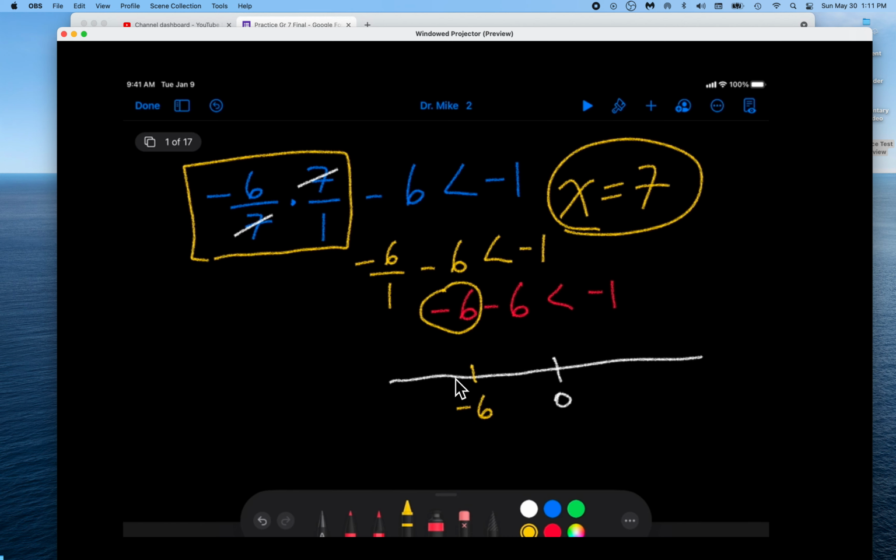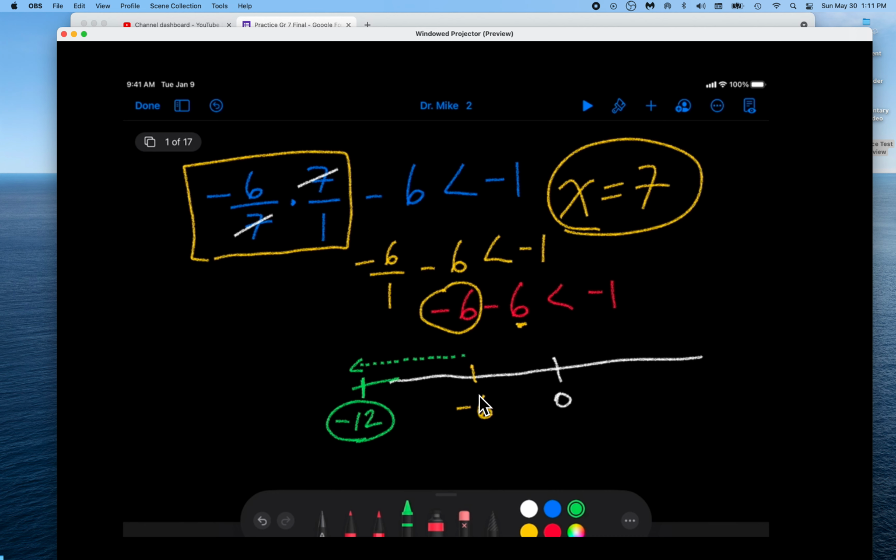Now, what's next? You see that negative sign right there? That means I'm going to go this way. How far am I going to go? 6 units. So I'm going to go this way, 6 units, and I'm going to end up there, which is -12.